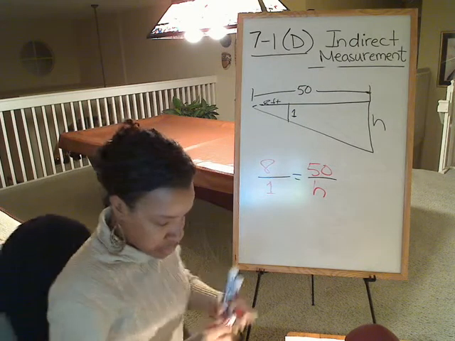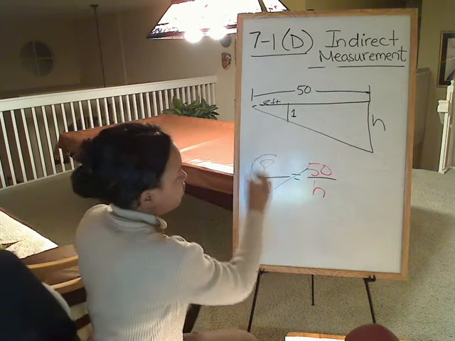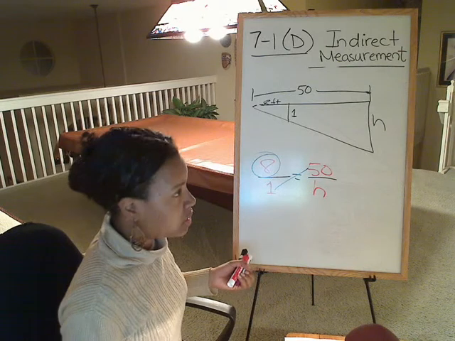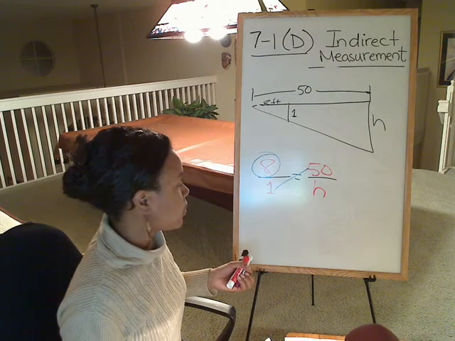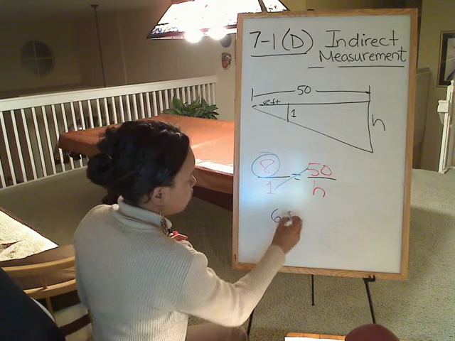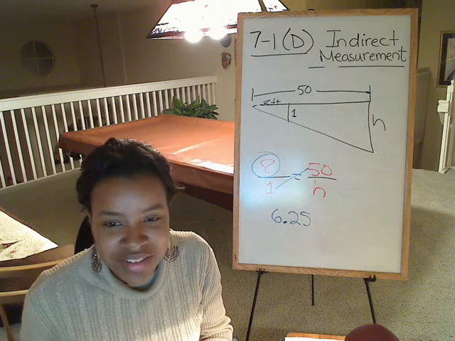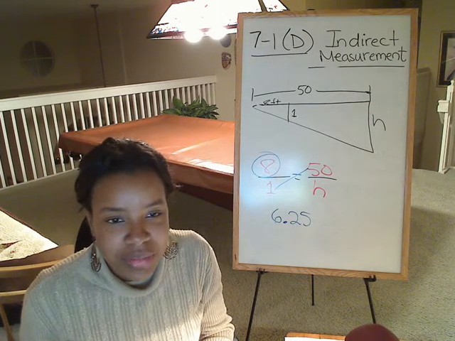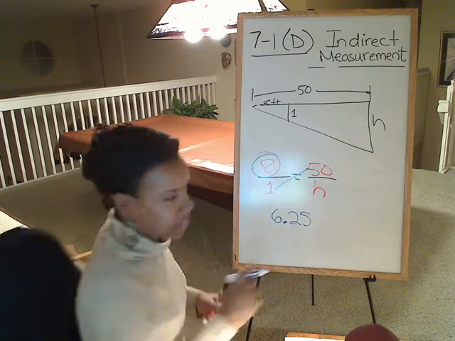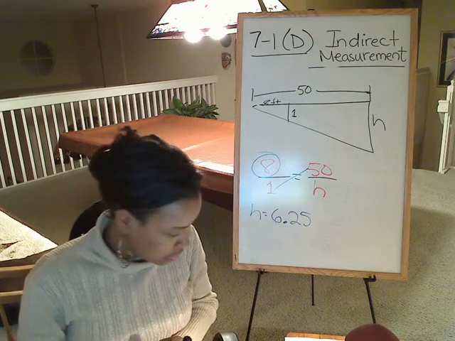Now all I have to do is cross multiply and divide. 50 times 1 is 50. 50 divided by 8 is 6.25, I believe. Let me double check to see how good my math is. 50 divided by 8. 6.25. Not bad, right? Okay, so the height is 6.25.